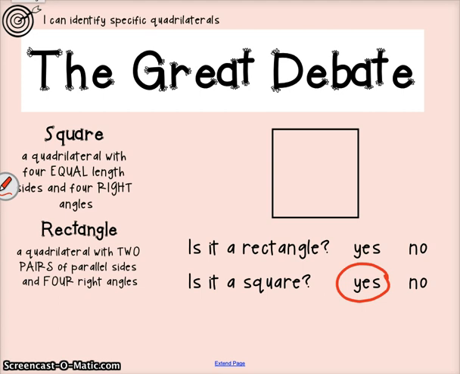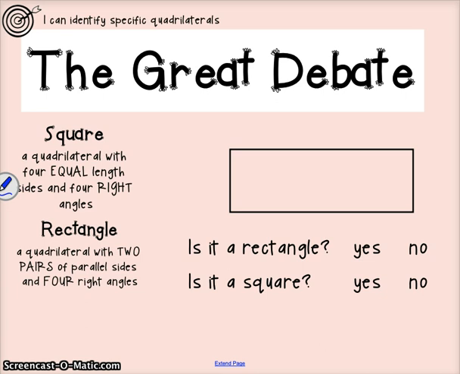Is it a quadrilateral with 2 pairs of parallel sides and 4 right angles? Well, we know it has 4 right angles because we saw that with the square. What about those parallel sides? It is a rectangle. So this square is also a rectangle. Let's keep going.